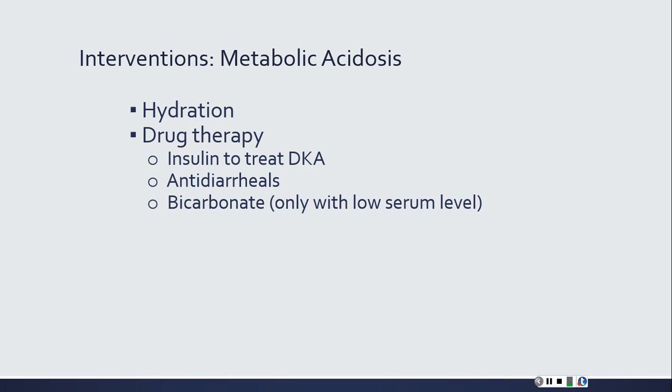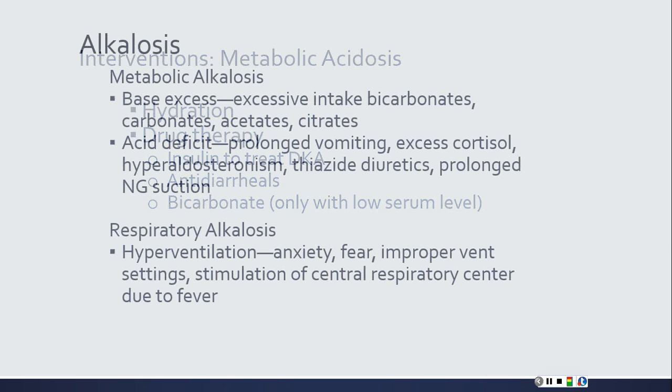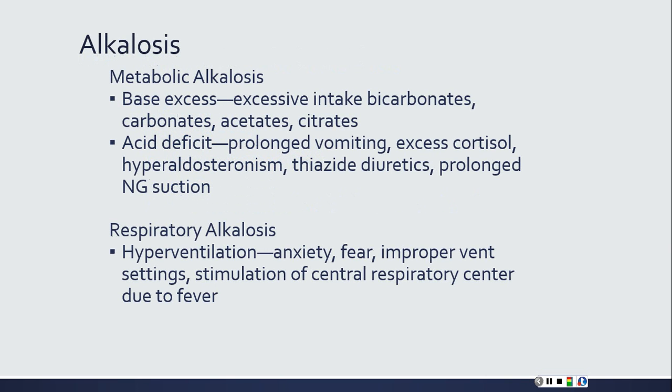All right. With metabolic alkalosis, this means we have an excess of bicarb. This could be either from excessive intake of bicarbonates, carbonates, acetates, or citrates, or it could be a result of acid deficit. And this is kind of what we talked about a while ago. Prolonged vomiting.